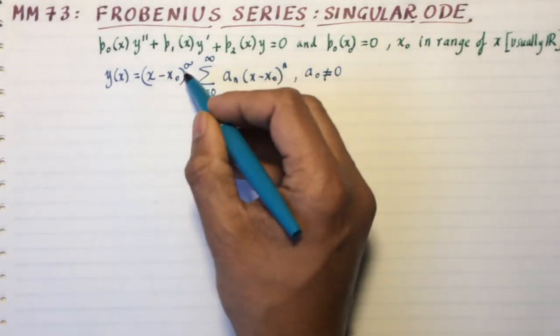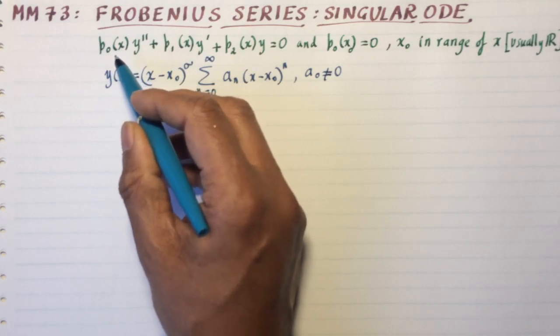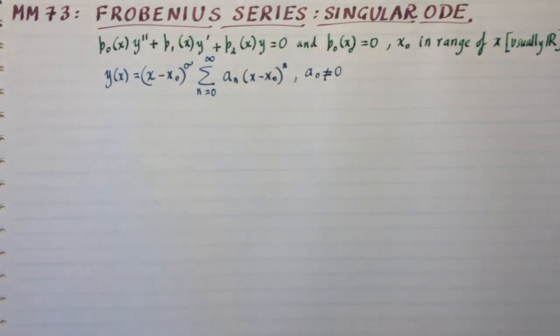So the sigma is there precisely to protect you from any blow-ups at places where p naught of x is equal to 0. This is called the Frobenius series or the Fuchs series, and this theorem can be found in most ordinary differential equation books. I'm not going to prove it, I'm just going to use this result to solve problems.